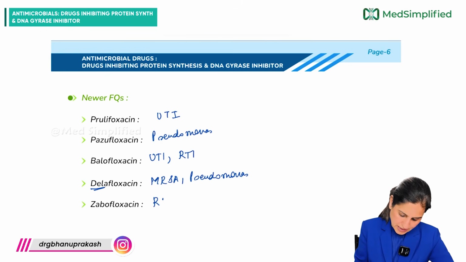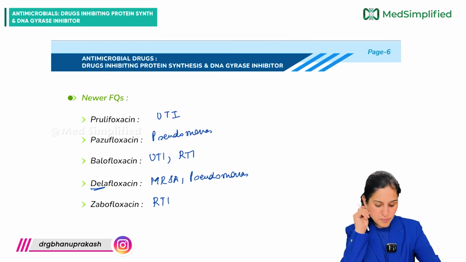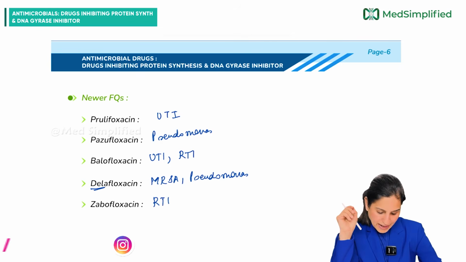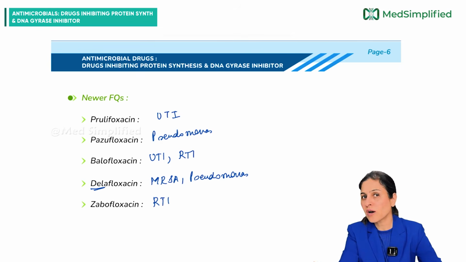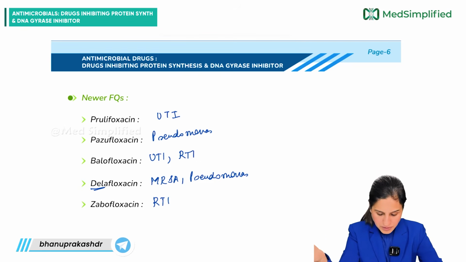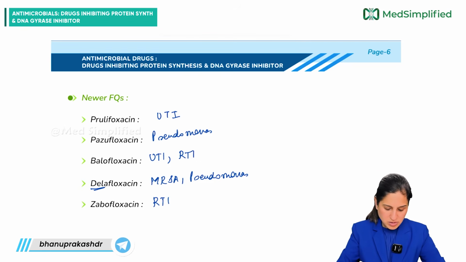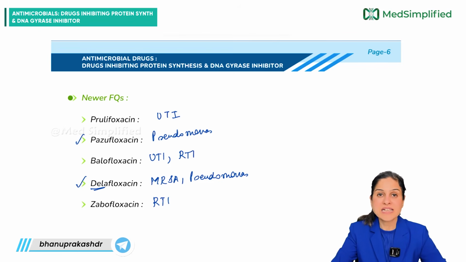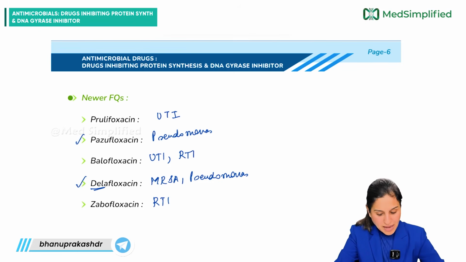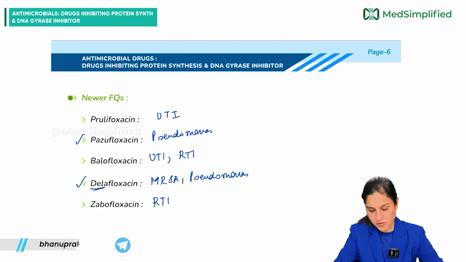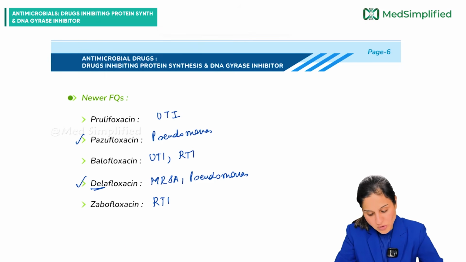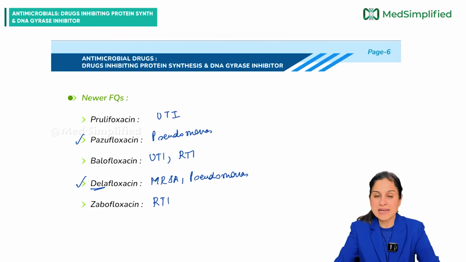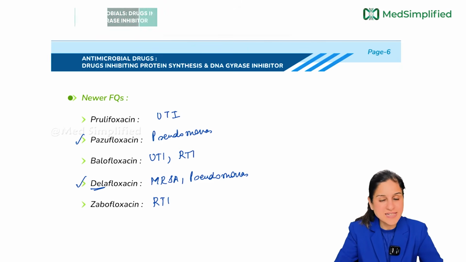Zabofloxacin against RTI. So we have Pruli, Pazo, Balo, Dela and Zabofloxacin. Whenever you see floxacin, you all understand it's a fluoroquinolone, right? So mostly it will be about the ones which are active against Pseudomonas, so it is Pazufloxacin and Delafloxacin. So with this, we are finished with the drugs which inhibit protein synthesis and the ones which inhibit DNA gyrase.